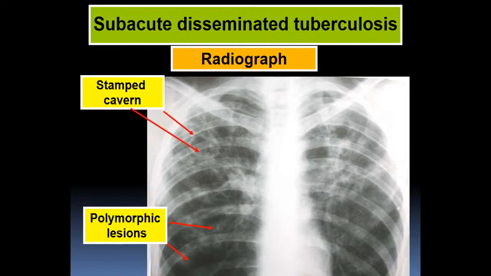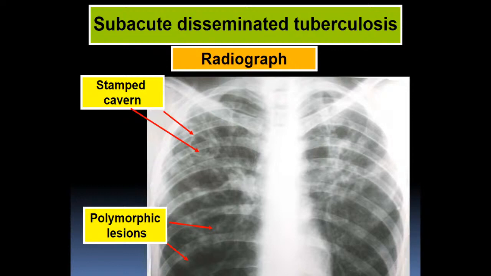Focal shadows are localized previously in the upper and middle fields, that's why in the upper parts of the lungs. Lower parts can be affected less. The localization is not symmetrical and not uniform.